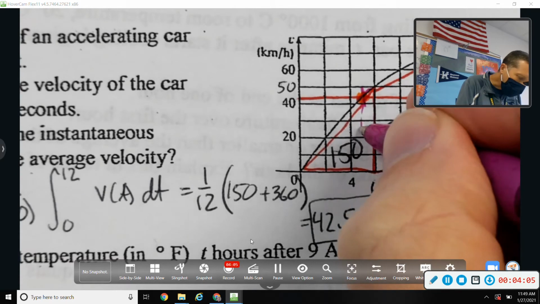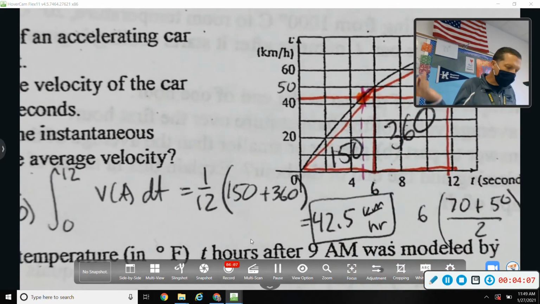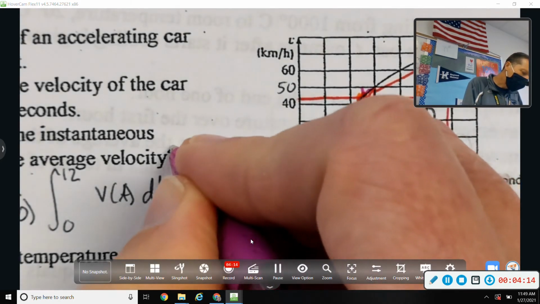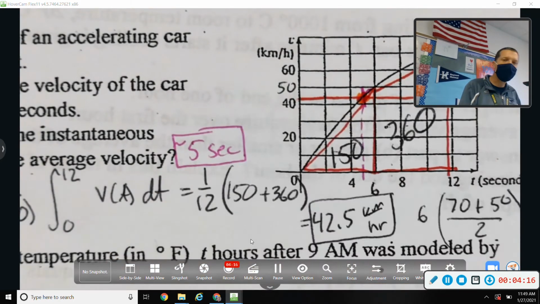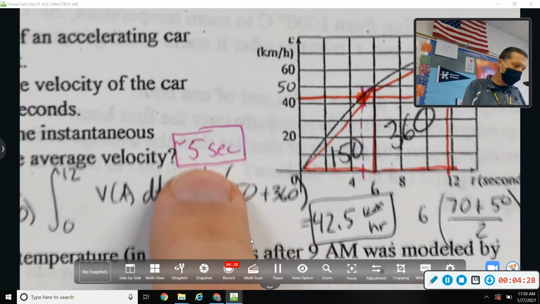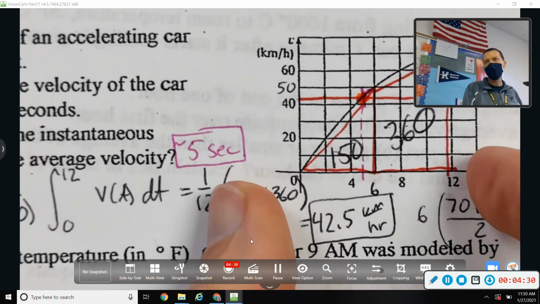So what is that? About 5 seconds. I don't know that we could get any more accurate than that. So approximately 5 seconds. It's hard to be any more accurate than that. And the mean value theorem guaranteed that location of that time was in between 0 and 12.